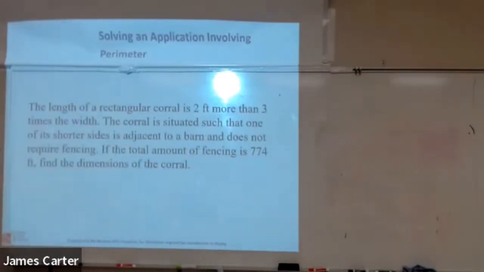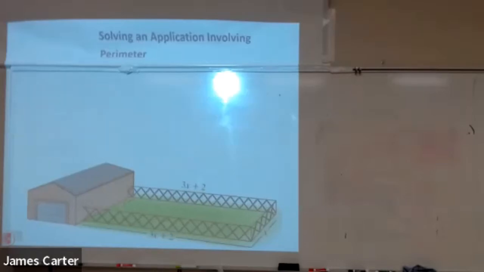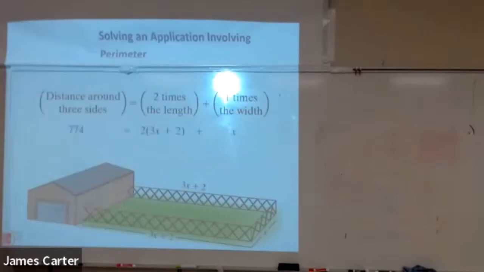Well, here's their work. Looks prettier, but kind of like my drawing. Okay. So they're saying the distance around the three sides is 2 times that length plus 1 times that width, which is basically what we did.